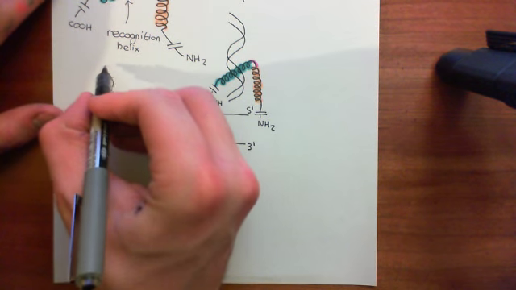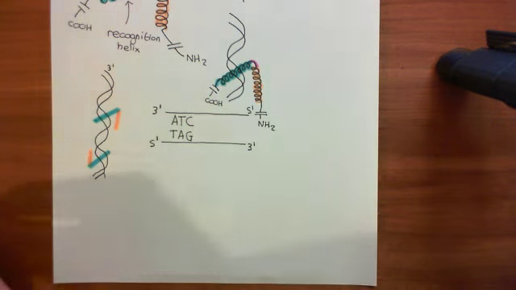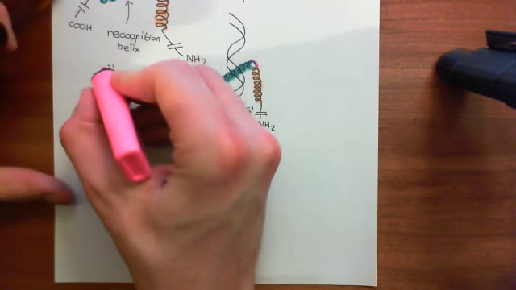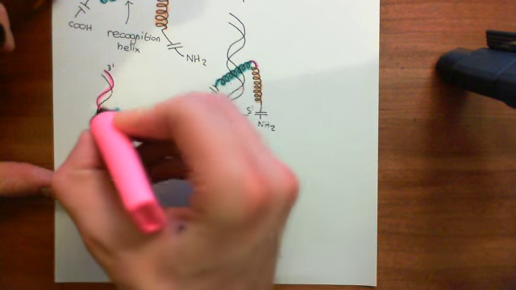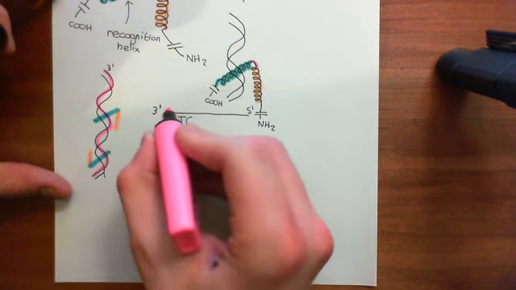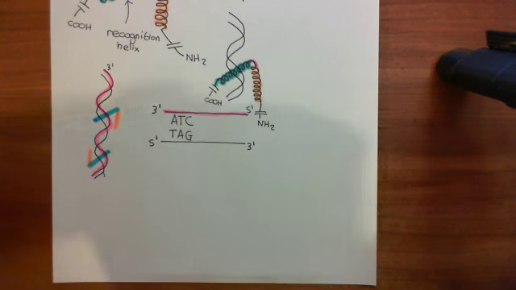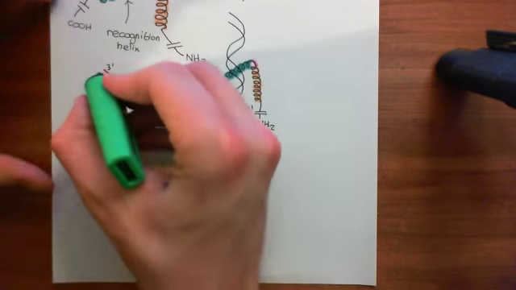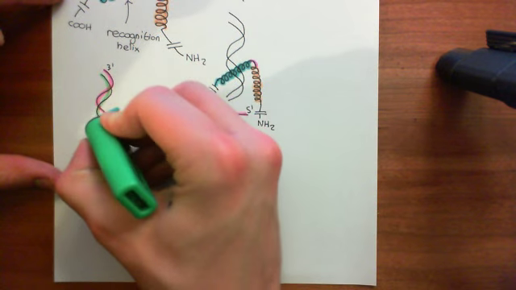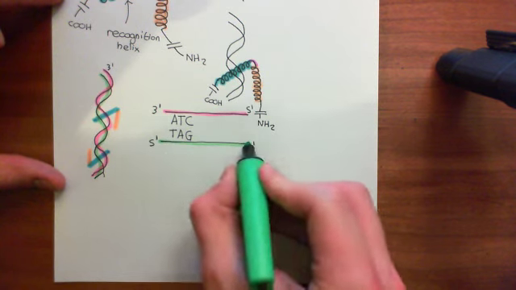Okay, so if we say that this strand here, and I'll colour it in just to make it utterly clear, let's say this strand in pink is equivalent to this strand here. And not in orange because we've used orange, but in green, this other strand here is this strand here.